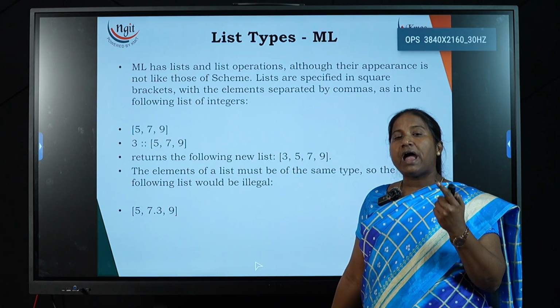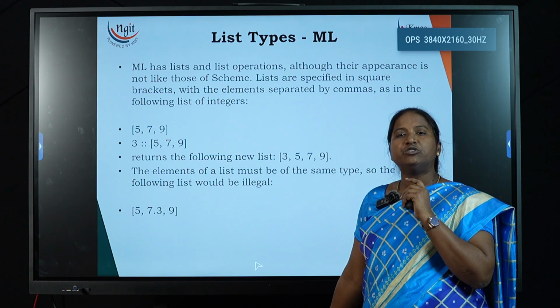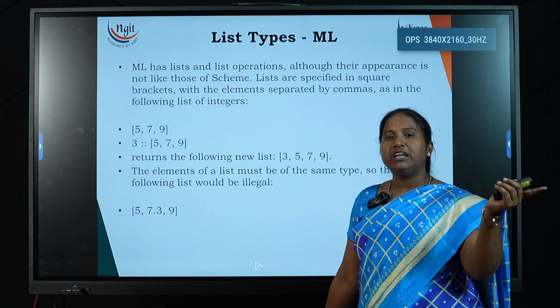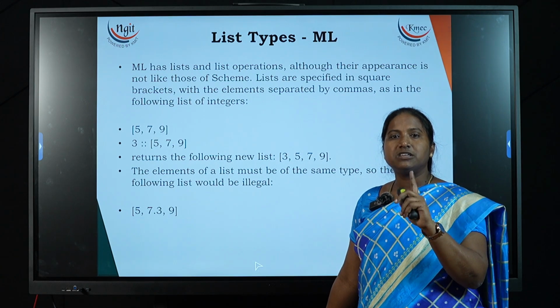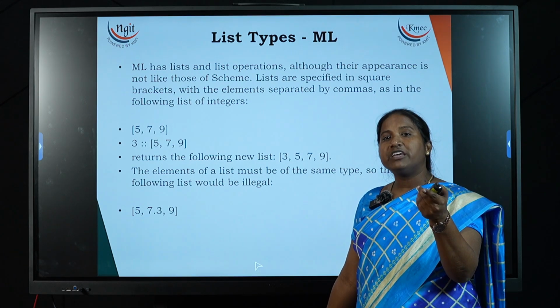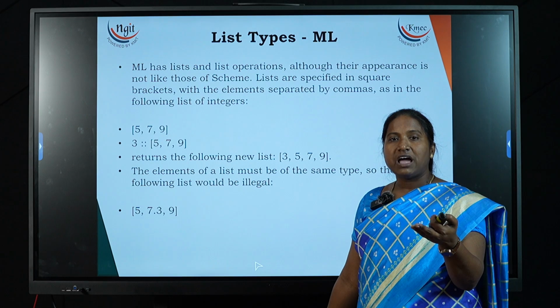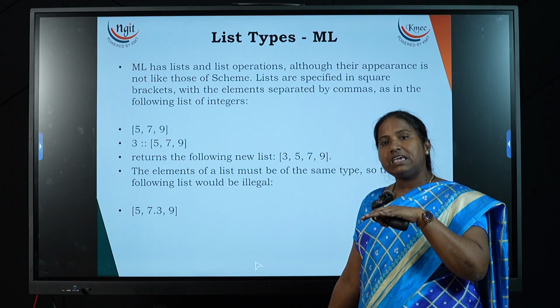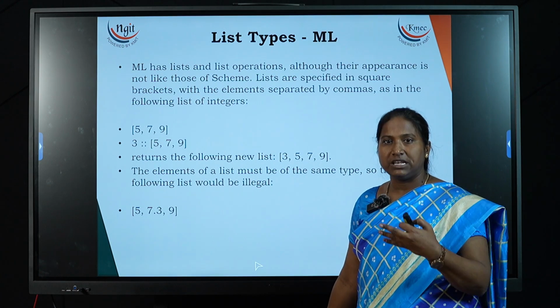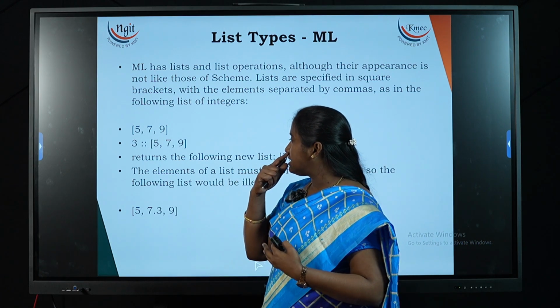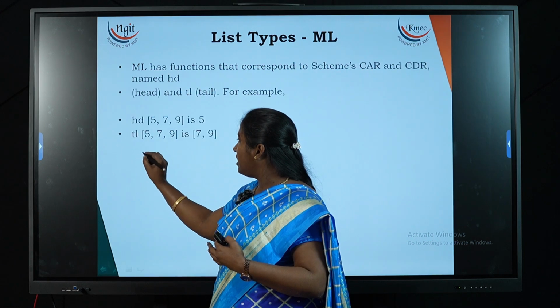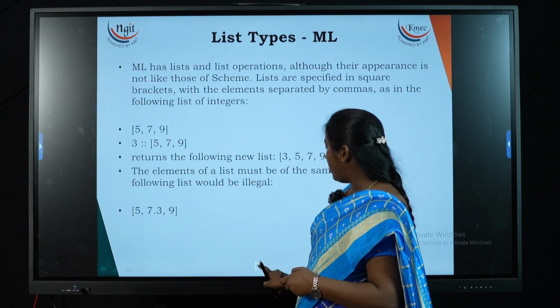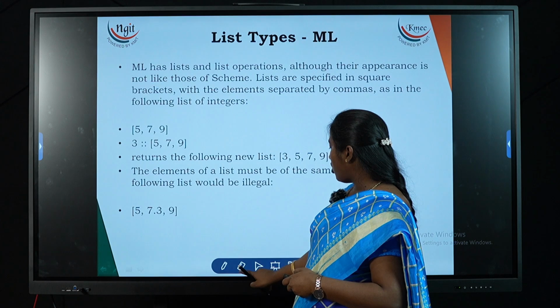If I want to add an element into the list, I told you in the beginning, tuple is immutable, list is mutable. So when something is mutable, I can change it, I can add, I can delete some items from the list, right? Now let's see how I can add an element to the list. An element can be added to the list with this operator, which is a binary infix operator.